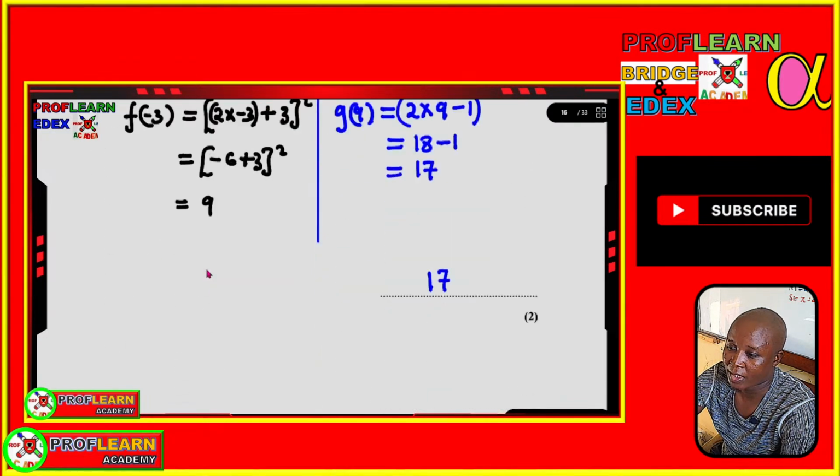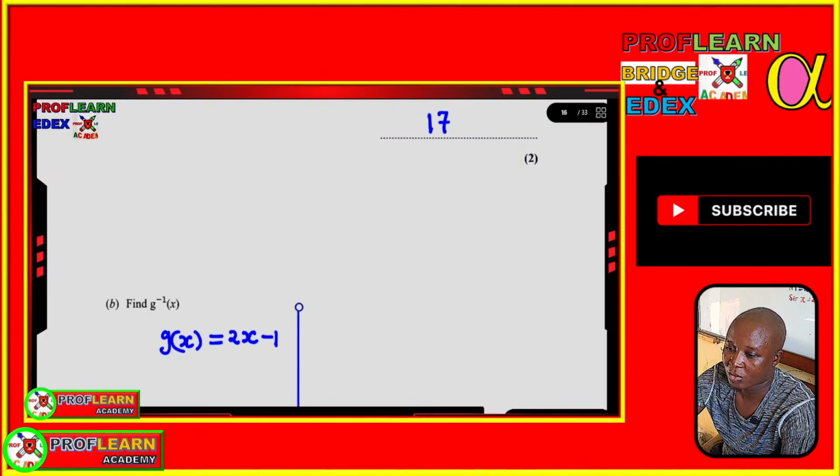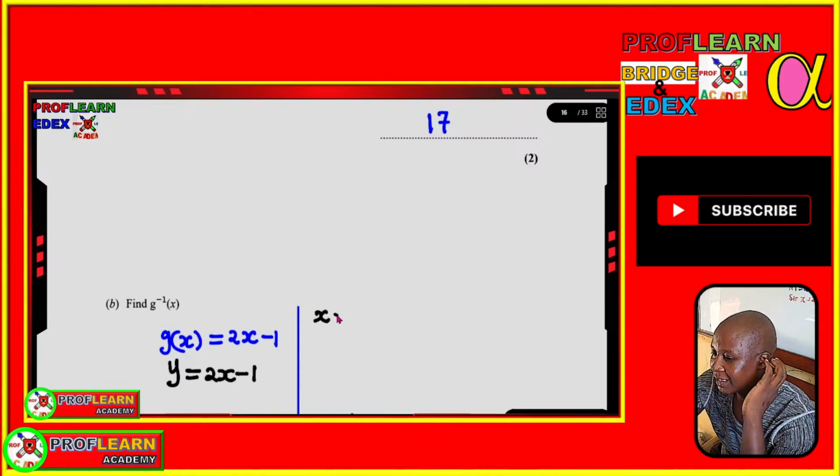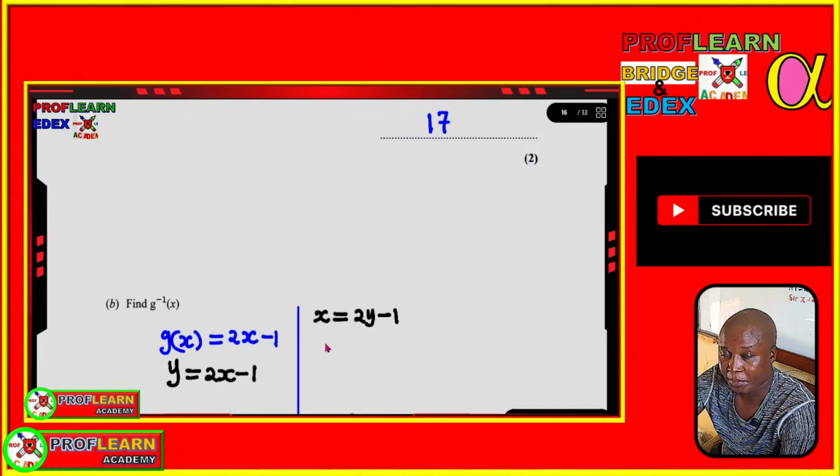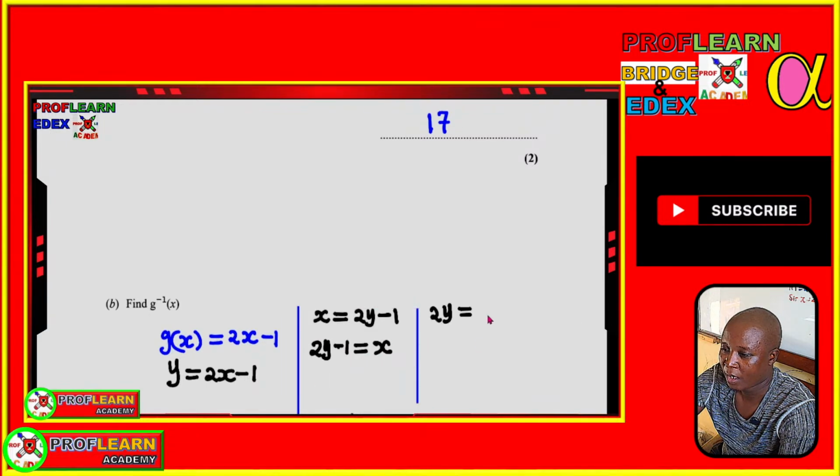And in order to find the inverse of the function, first you change the g function to y, and then you switch x and y, meaning that where you have x, you replace it with y, and where you have y, you replace it with x. Then we make y the subject of the formula.